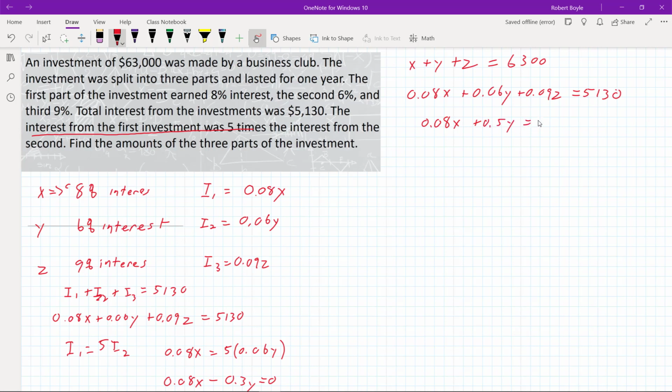Now it is going to be somewhat difficult to work with these decimals, but we can convert these decimals to integers by multiplying this equation by 100 and then this equation by 100. And then our three equations will be x plus y plus z is equal to 63,000.